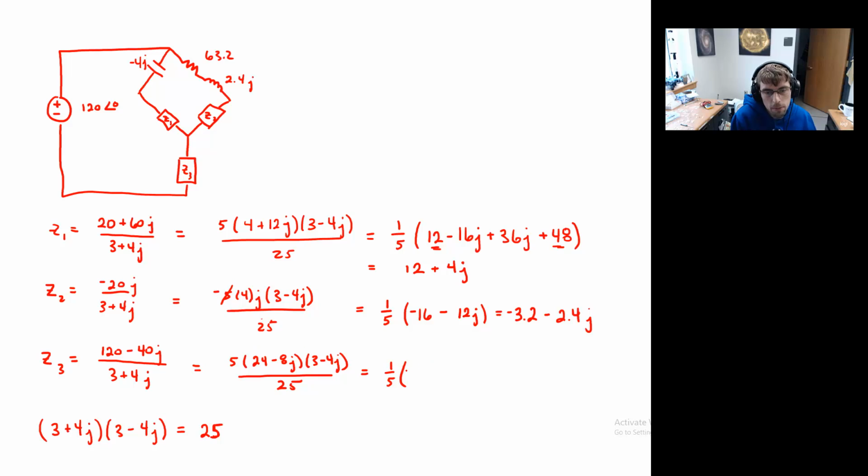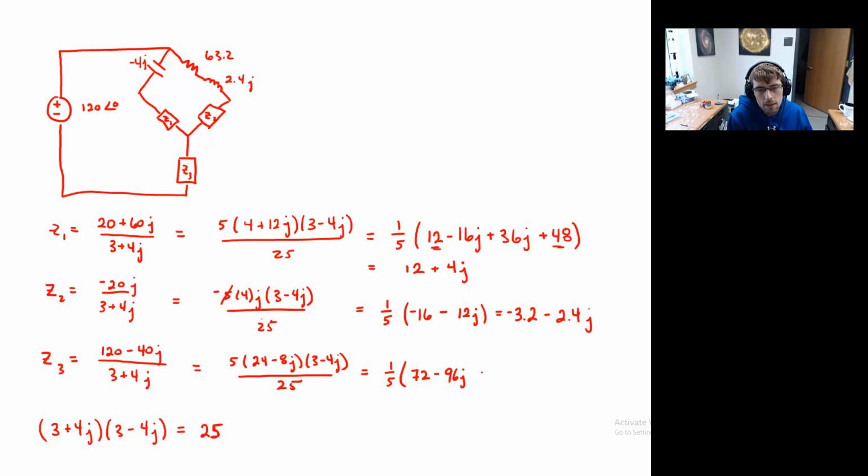We've got to put our hats on here. 72 minus, okay, so this is 96. So what I'm thinking of is 4 times 25, which is 100, and then I subtract 4 from that. So that's 96j.